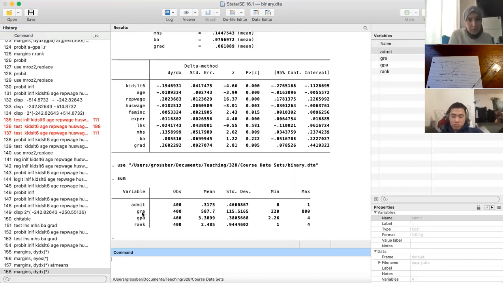These are graduate school admissions, so the independent variables are GRE scores going from 220 to 800, grade point average from 2.2 to 4, and a rank. This is whether the person's class rank is in the top quartile, second quartile, third quartile, or fourth quartile.